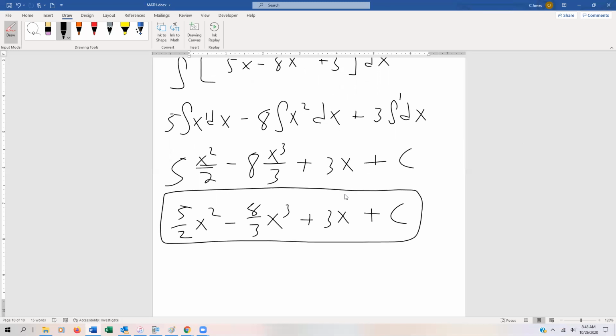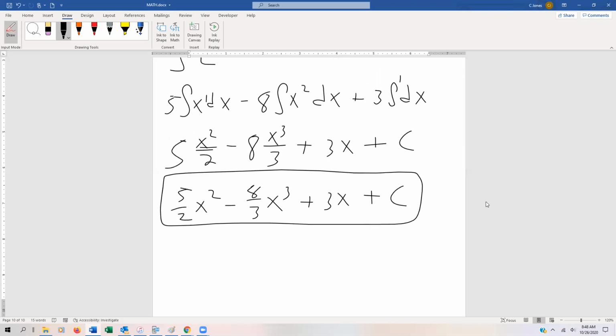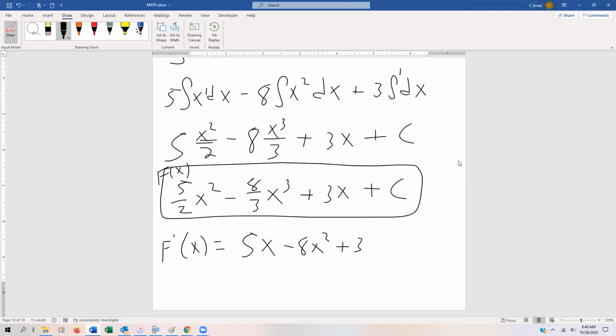If we wanted to check this, we would just find the derivative, and we might have to factor it. So let's call this capital F of x. F prime of x is going to be equal to 5x minus 8x squared plus 3. If we wanted to factor it, we could rewrite this as negative 8x squared plus 5x plus 3.